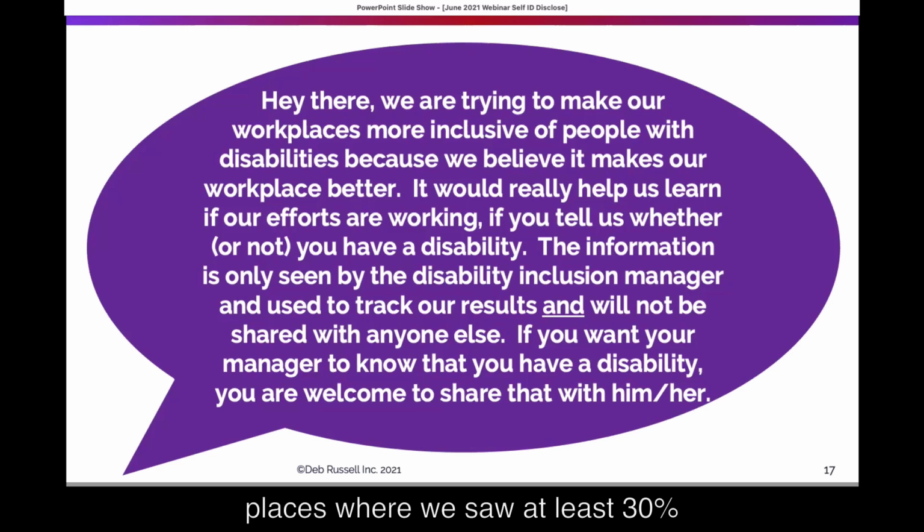And in the places where we saw at least 30% of the workforce consisting of people who had told us that they had a disability, when you went to those places, what you realized was that if you didn't have a disability, or you didn't identify or act like you had a disability, you felt like you were in the minority. You felt like you stuck out like a sore thumb because it was so well accepted.